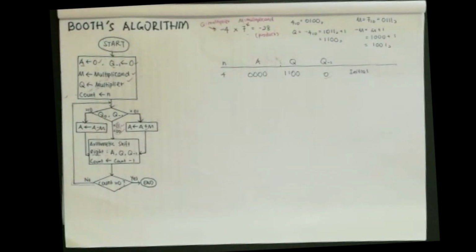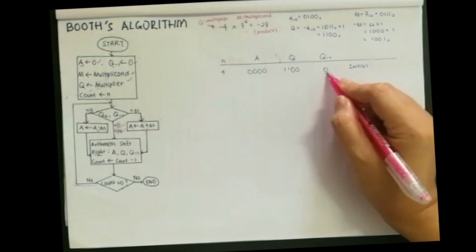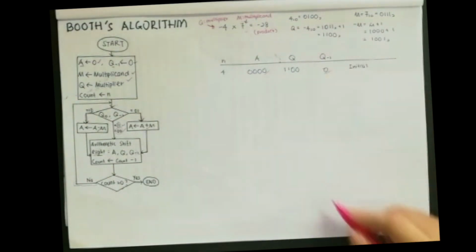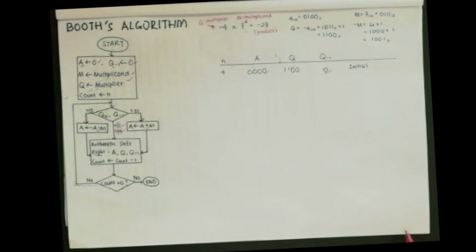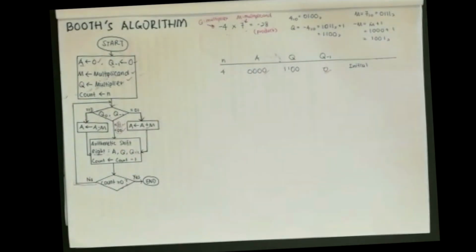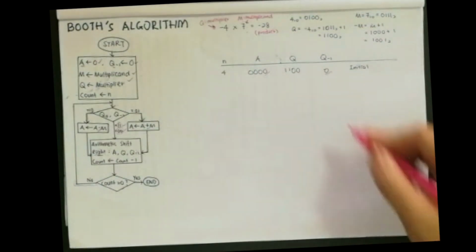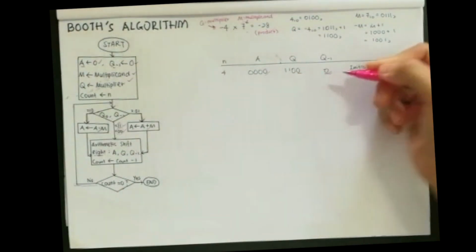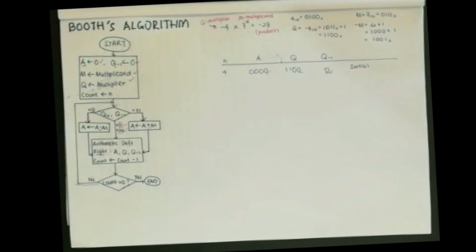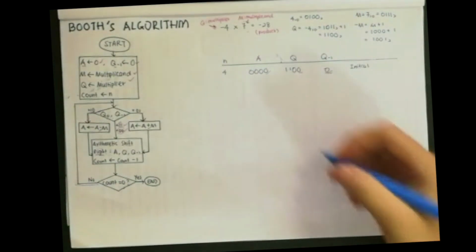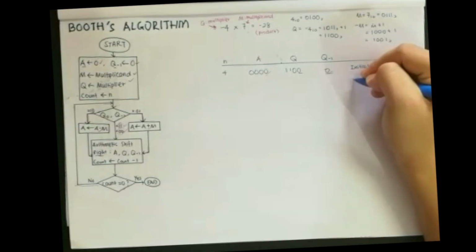A and Q-1 are initialized to 0. Control logic scans the bits of the multiplier one at a time. As each bit is examined, the bit to its right is also examined. The two bits are the same, 0, 0, so all of the bits of the A, Q, and Q-1 registers are shifted to the right 1 bit.